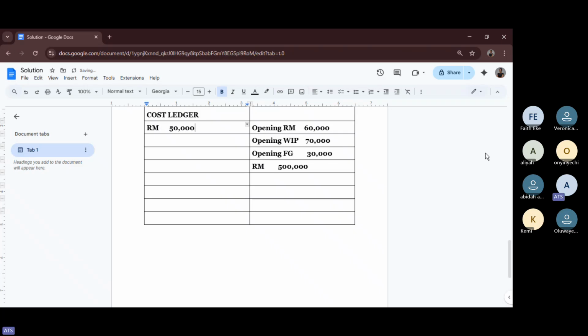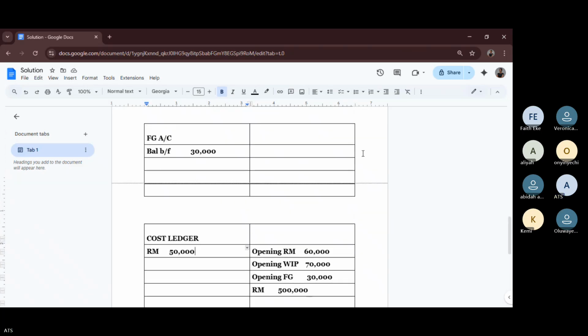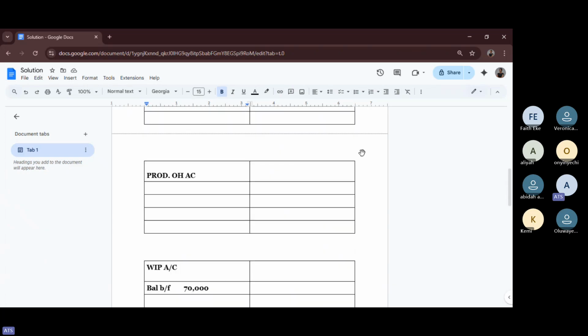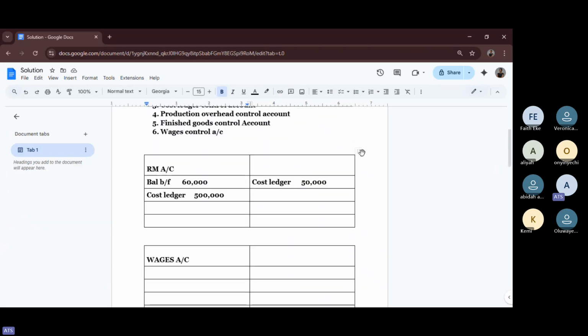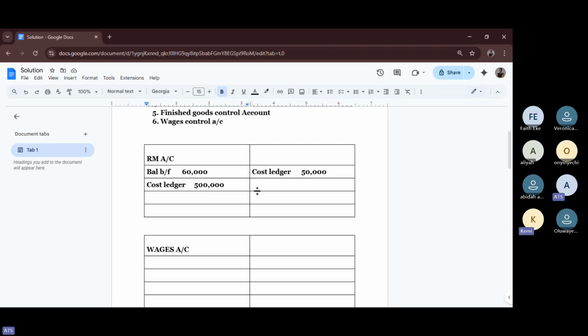Okay, next entry. Materials issued to two places. The first place, they said we issued materials to work in progress, right? So you first credit your raw materials because you are taking it from there. How much? 400,000.